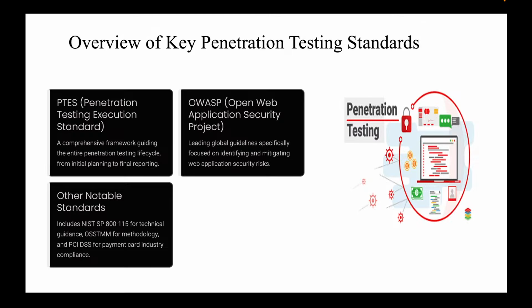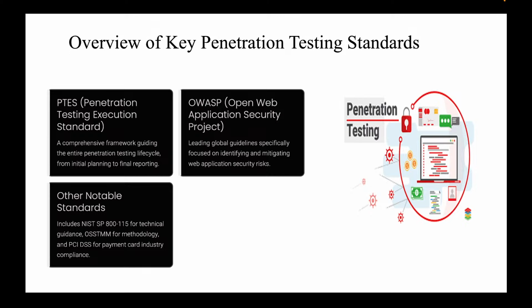Other important standards are NIST SP 800-115, a technical guide for conducting security testing and assessment. Then OSSTMM, the Open Source Security Testing Methodology Manual, a scientific, detailed methodology for testing the security of networks, systems, and also people.